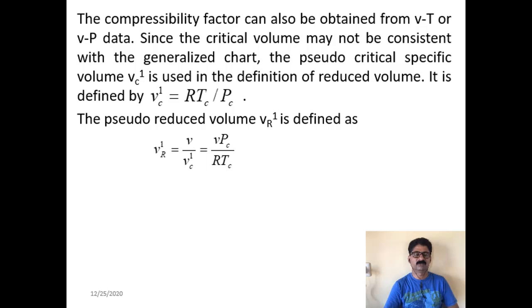Here Vc dash is nothing but RTc by Pc, and the pseudo-reduced volume Vr dash is defined as V by Vc dash, which is also equal to V into Pc by RTc.